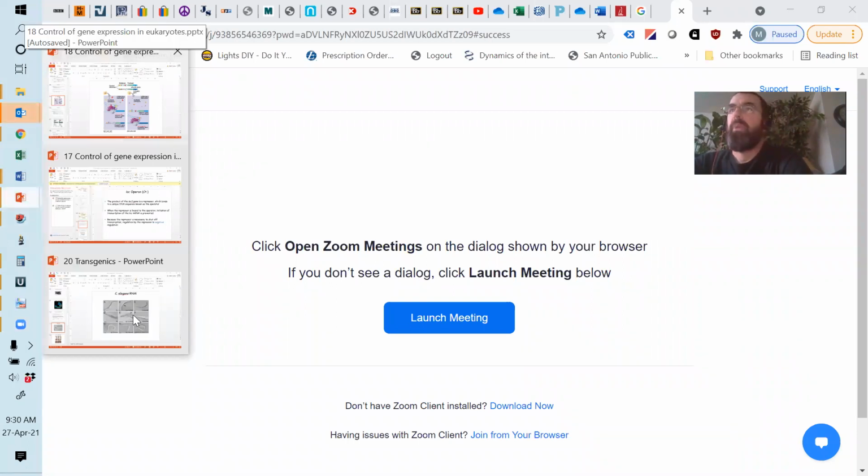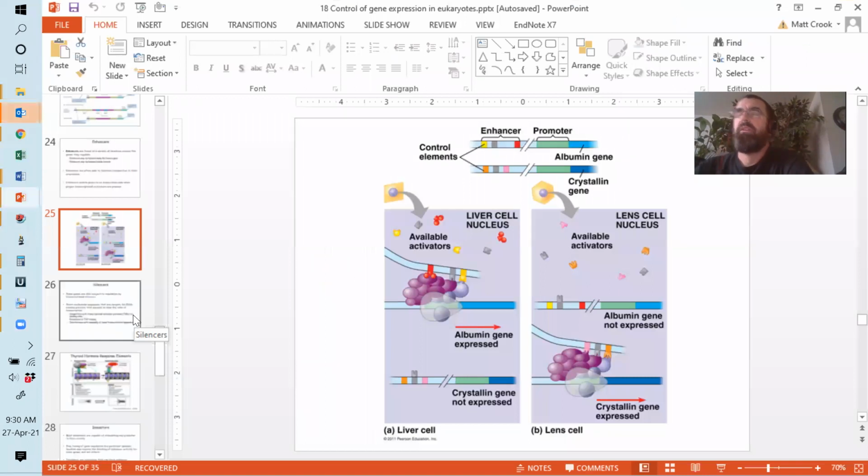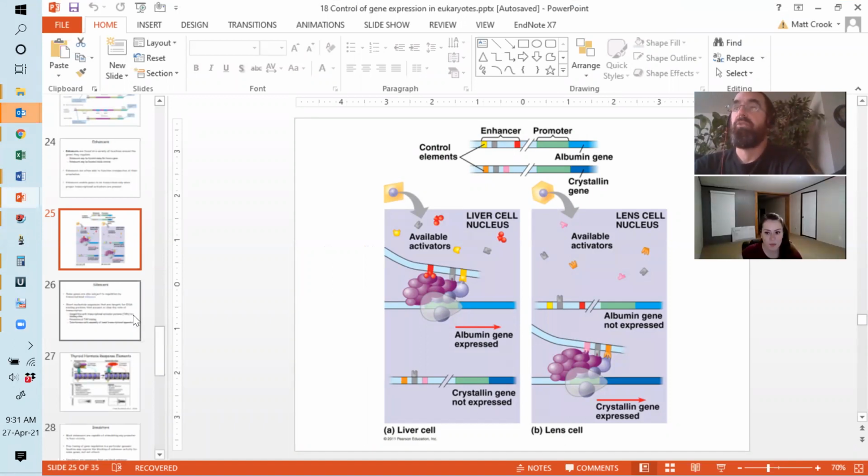All right, we ended up here, which was talking about the cell-specific control of gene expression, right? And that is in many ways determined by what proteins are present in a cell, which is essentially an ancestral deal, not ancestral in evolutionary terms, but ancestral in terms of that cell's lineage, like what conditions it experienced.